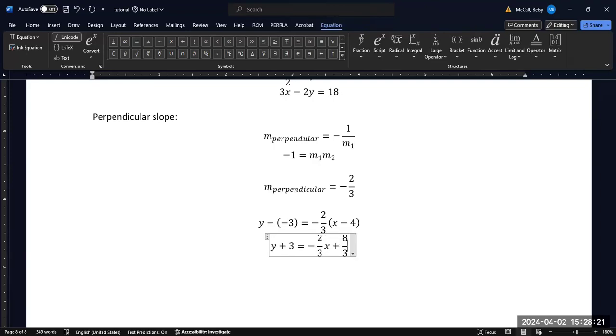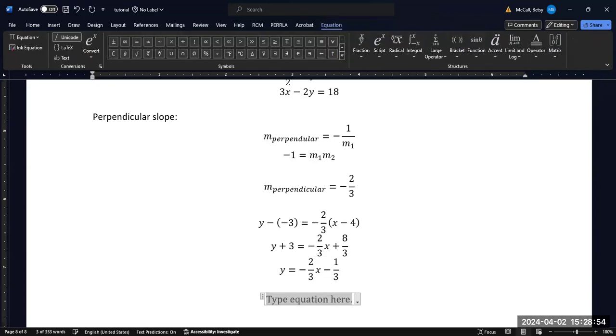So negative times a negative gives me a positive, and 2 times 4 gives me 8. Again, nothing cancels here. And then I'm going to subtract 3 from both sides. 8/3 minus 3 is going to give me negative 1/3, since 9/3 is 3. So 8/3 minus 9/3 is going to give me negative 1/3. That is my slope-intercept form.